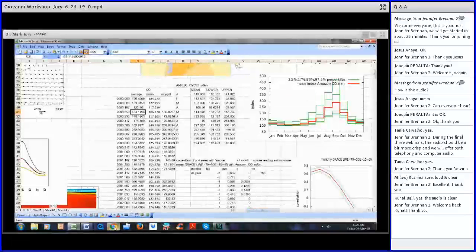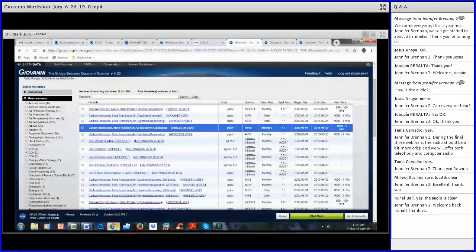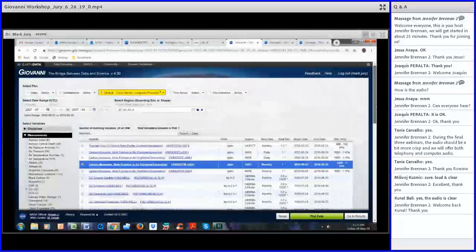Let's go back to the NASA Giovanni website, and what we're going to do then is create an average over a vertical slice for July, August, September 2007. We have our latitude and longitudes plugged in here.